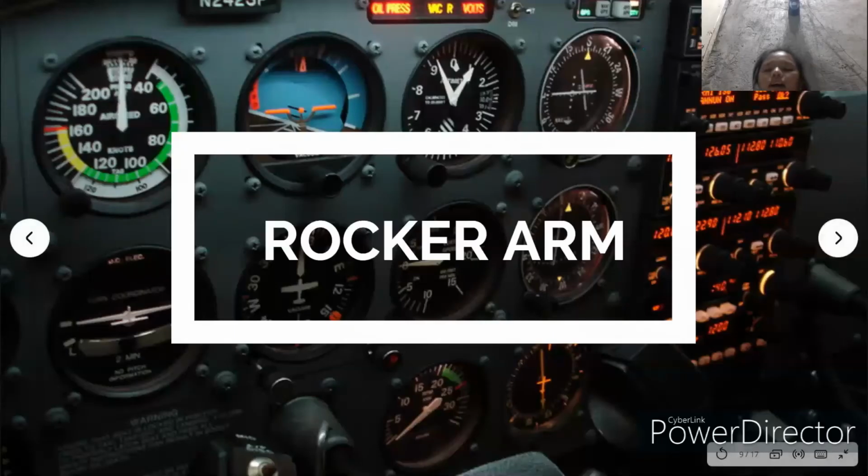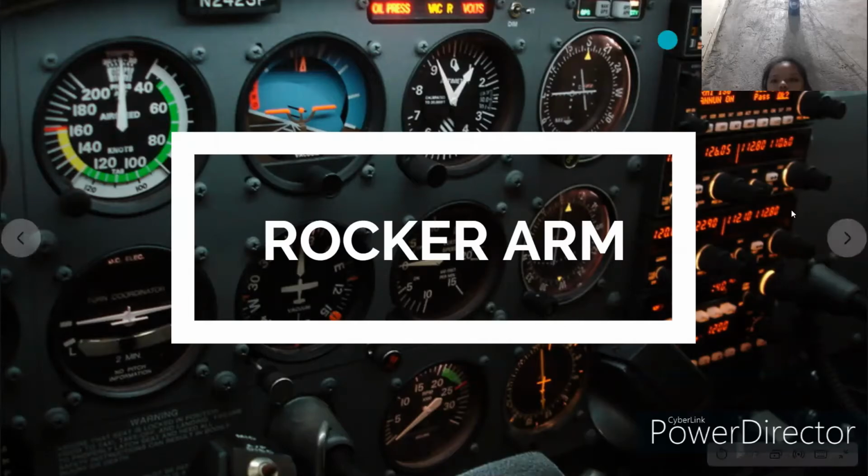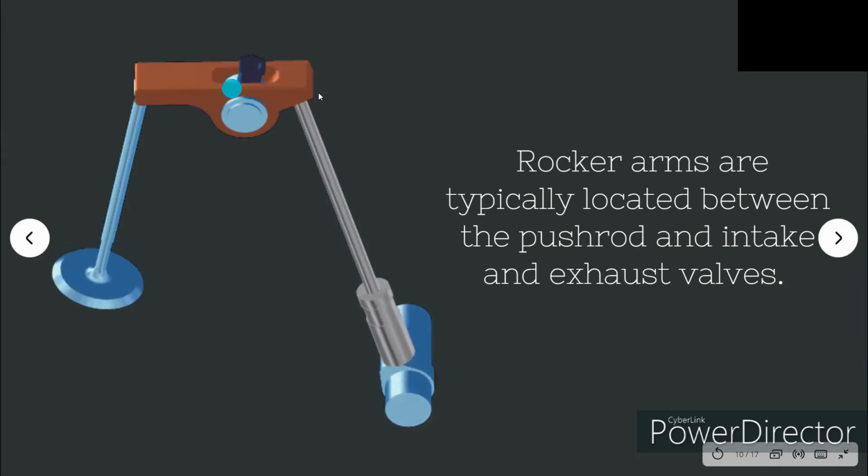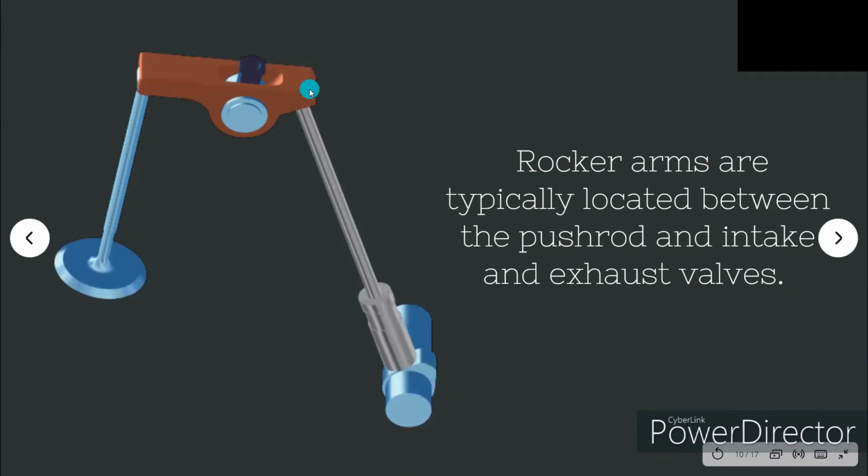So, now we will go to the rocker arm. What is a rocker arm? Rocker arms are typically located between the pushrod and the intake and exhaust valves. If you take a look at this GIF, this is what we call the rocker arm, which is an oscillating lever, and the movement looks like rocking, like in a rocking chair.